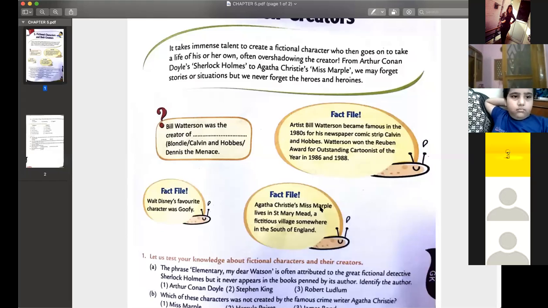Agatha Christie's Miss Marple lives in St. Mary Mead, a fictitious village somewhere in the south of England. Walt Disney's favorite character was Goofy. Walt Disney has created a lot of Disney characters. Fine. Bill Watterson was the creator of what? We have just read. Who will tell me the answer?